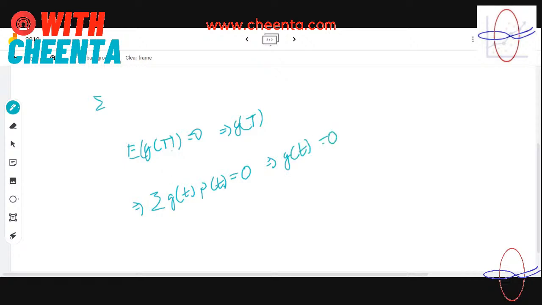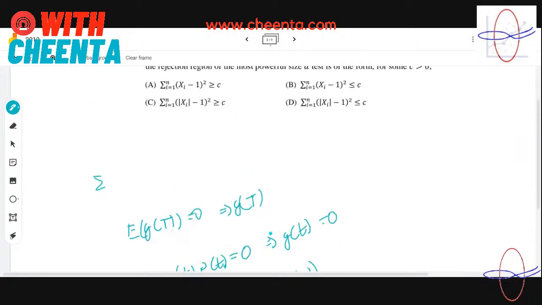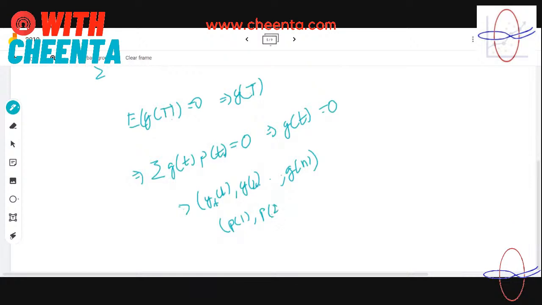What does it mean? If you connect it to the linear algebra aspect, you can view this as the dot product of the vector g(1), g(2), ..., g(n) and the vector p(1), p(2), ..., p(n).